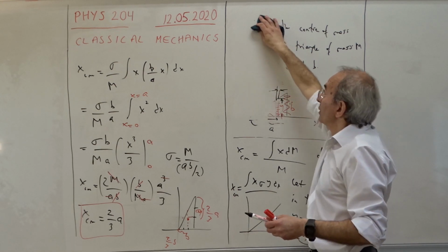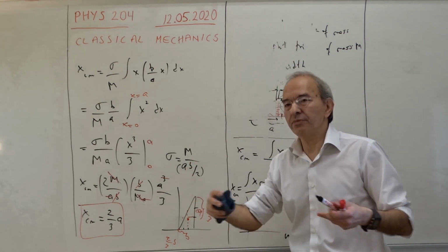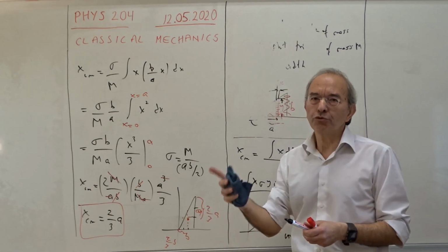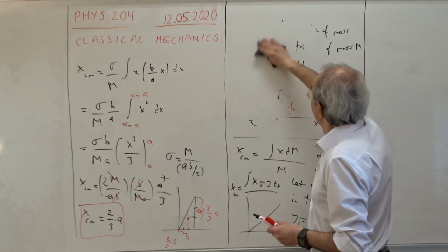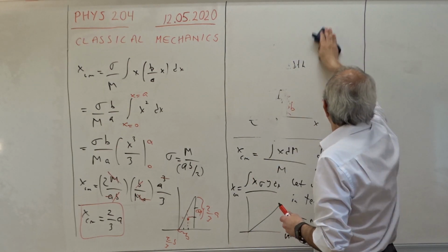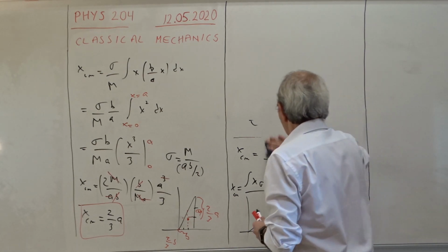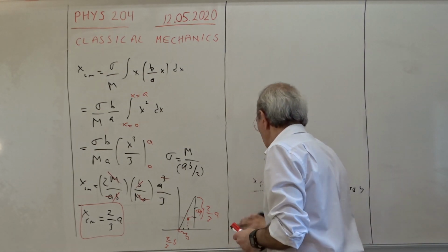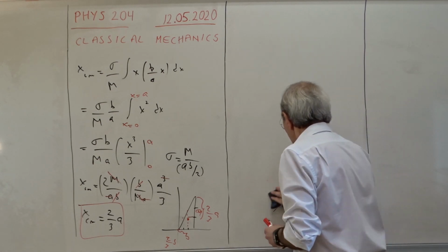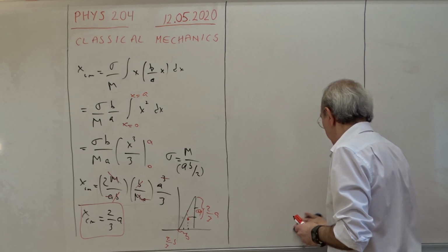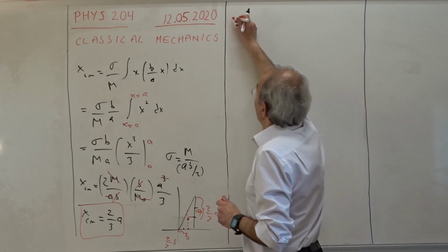Now let's say one more case. This time the geometry is easier, it will be a rod, however the density will not be uniform and will be given according to a function. Another example.